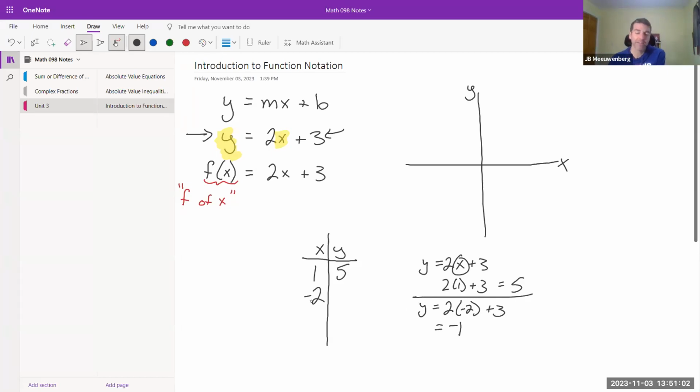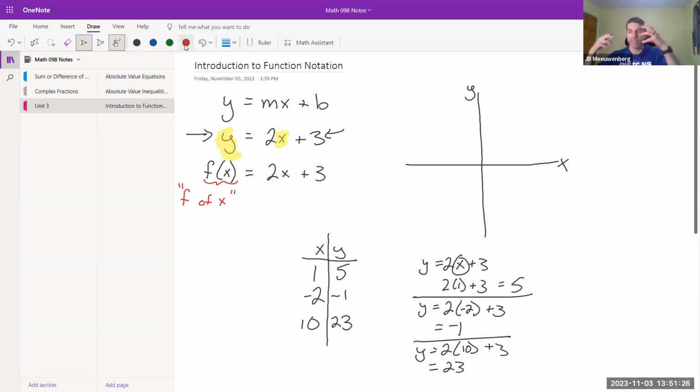So if we put a -2 into our equation, we get a -1 out. One more. Let's do something big like 10. Let's say x is 10. y is equal to 2 times 10 plus 3, which is 20 plus 3, which will give us 23. So if we stick 10 in, we get a 23 out.